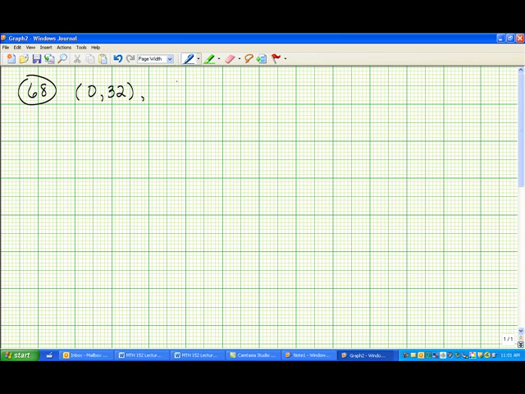Then the 2000 will be year 5. 2010 will be year 10. Okay, no, it's going to be year 15. Get that right. And that's 61. And 2020 is going to be 25. And that's 76.